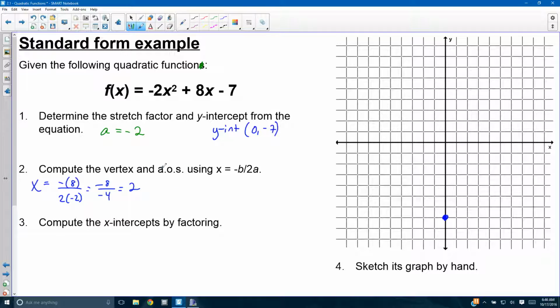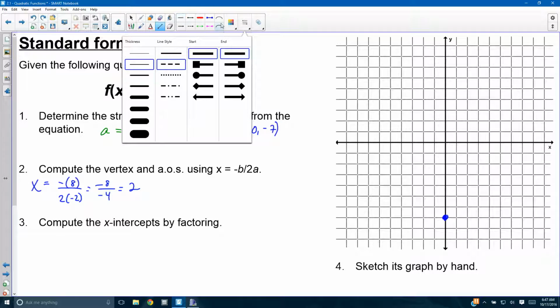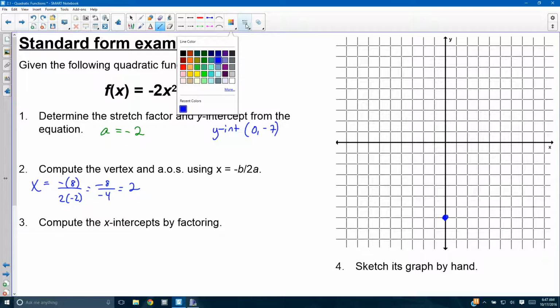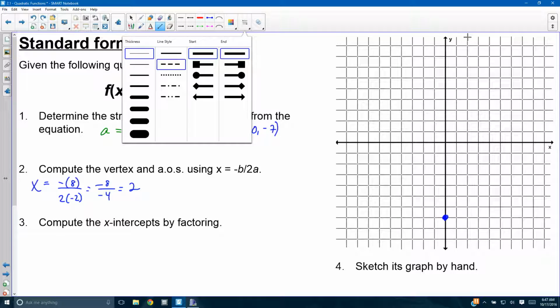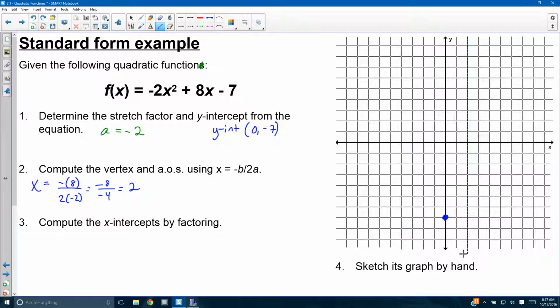So your x value is at positive 2 for your vertex, which does mean, and I'll use the line tool this time, your axis of symmetry is on x equals 2. So your vertex is there. Every other point reflects across that, which also does, you can't really see that. Let me make it bigger.